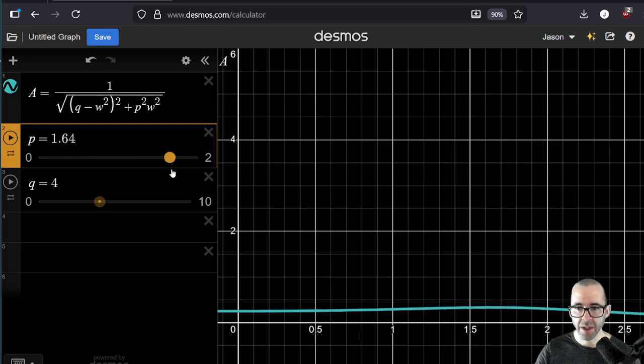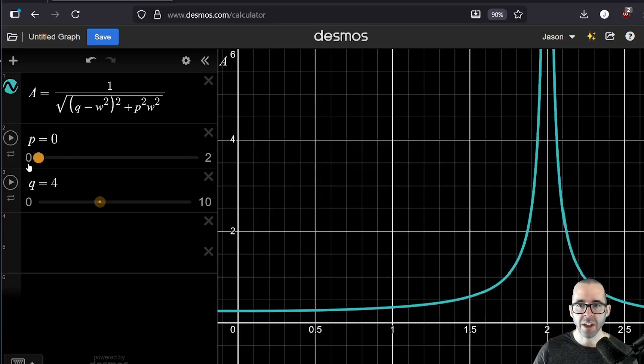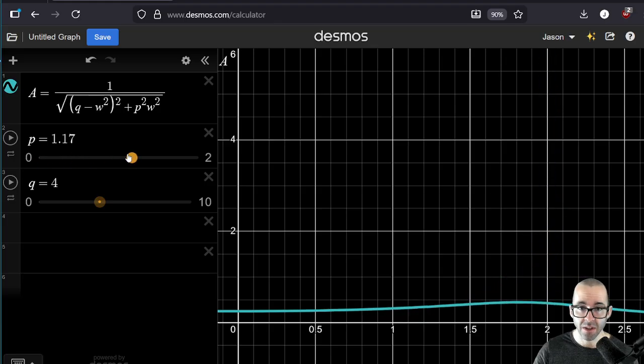And then, yeah, if your damping is enough, then of course, there's very, very little to no effect right here that we can see. And here, this is only a p-value of 2. This is not even a huge p-value. But you can see very clearly what that damping is going to do to our amplitude.